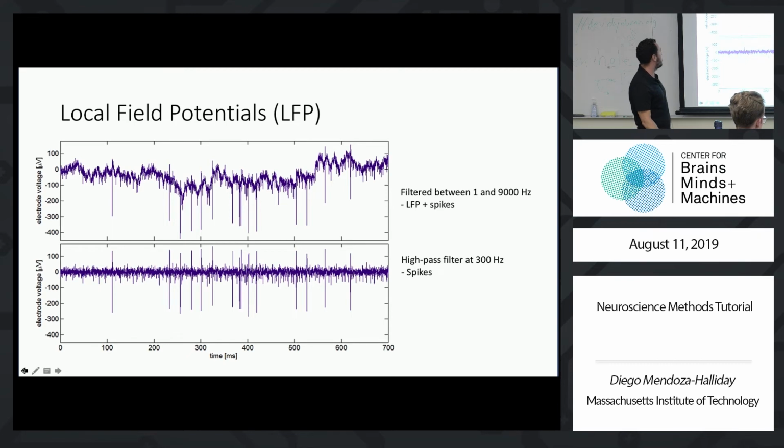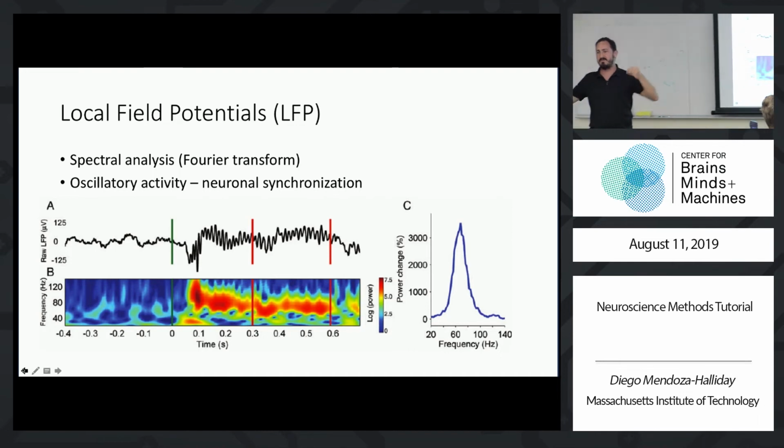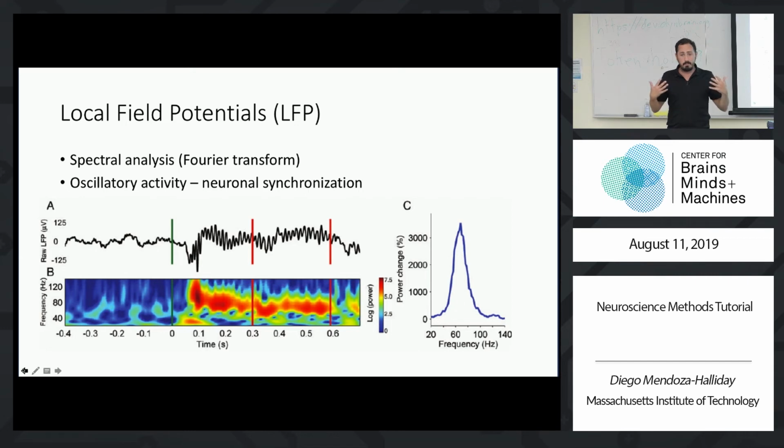Moving on to local field potentials, you have these fluctuations, and one of the best ways to analyze the data is to look into the oscillatory activity of these potentials. We know that the brain often represents information using oscillatory patterns, or communicates between areas with oscillatory patterns, and those oscillations can be captured at the level of the local field potentials.